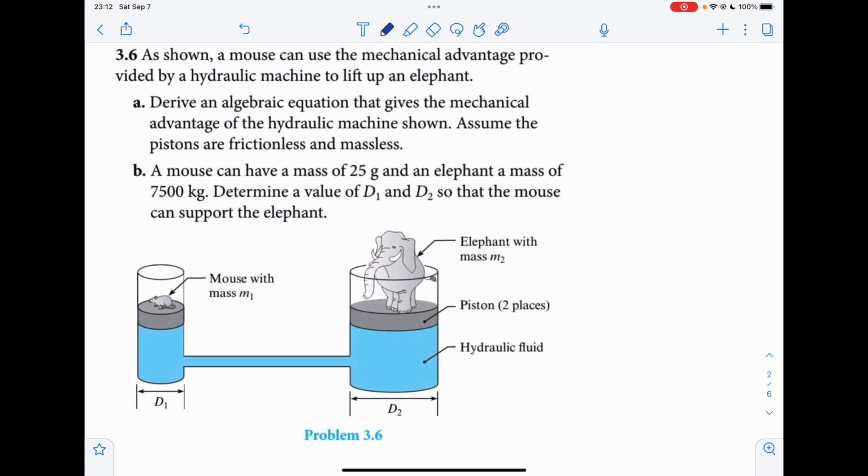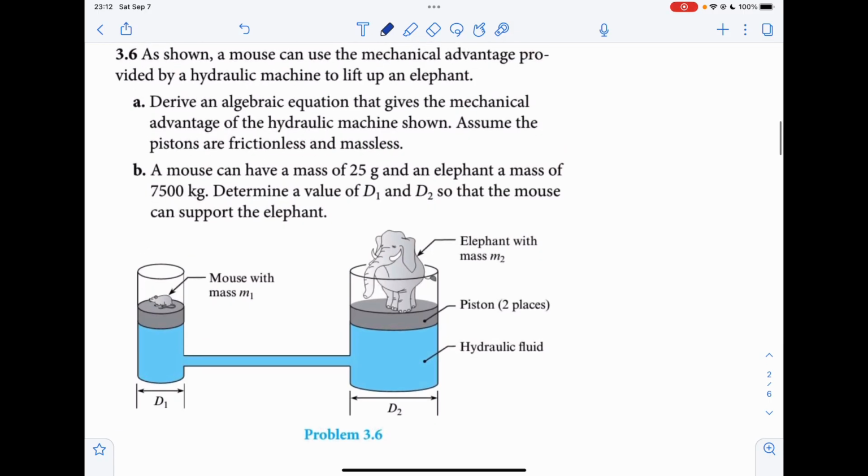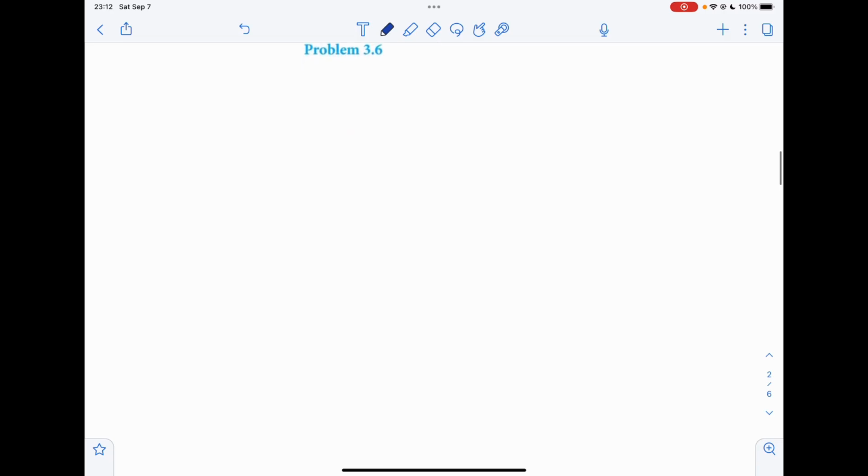Now let's look at the second problem. So we have a hydraulic machine here, and on the left we have a mouse with mass M1, and on the right we have an elephant with mass M2. So part A, we are going to derive an equation for this situation.